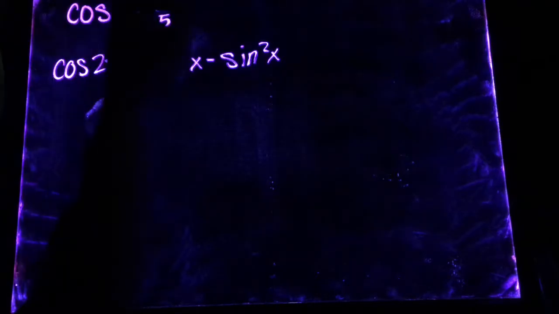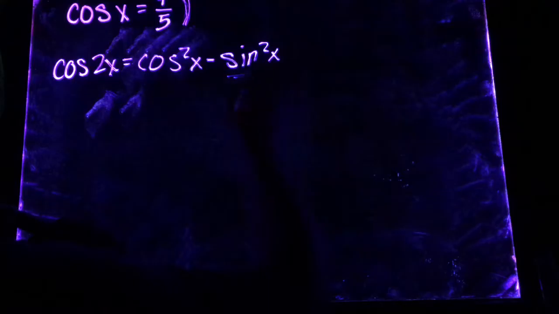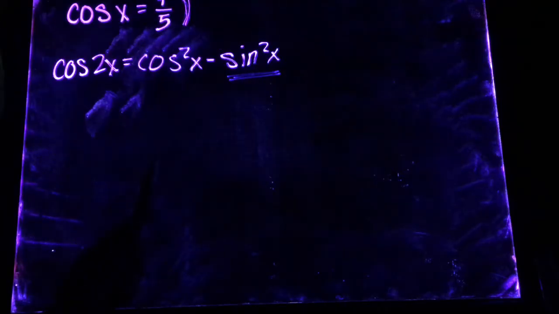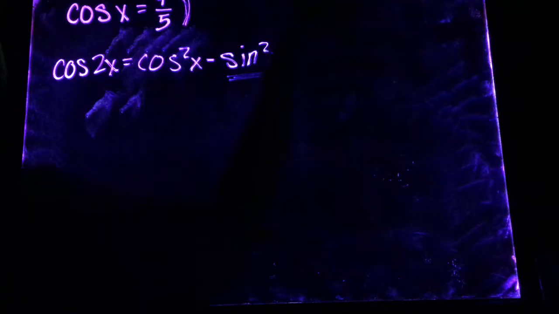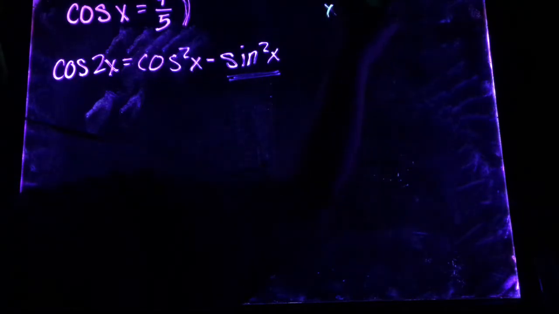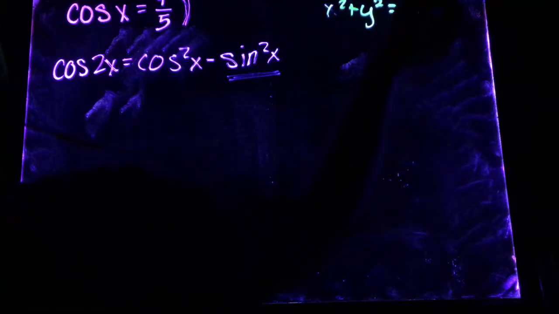And so we know our cosine. Our cosine is given to us up here, but we don't know our sine. So that's what we're going to have to solve for first, just like we solved for cosine in the last part of the video. So you're going to come over here with your unit circle equation, x squared plus y squared equals 1.